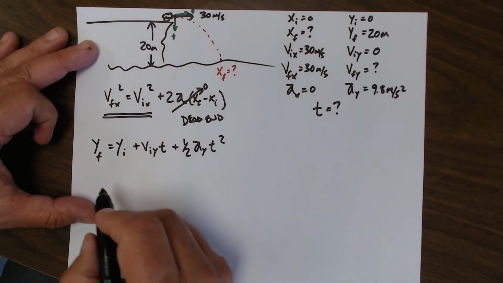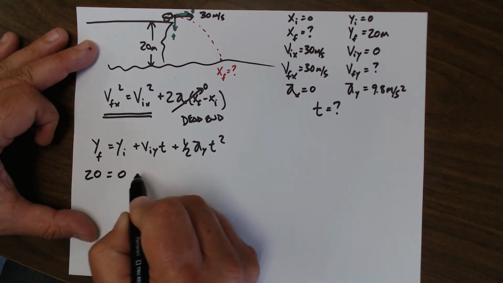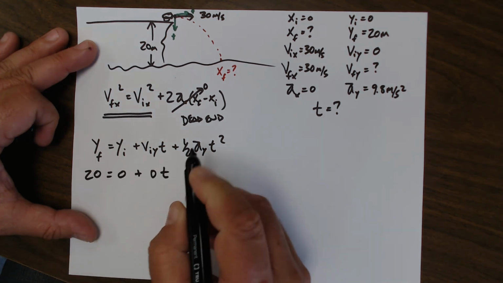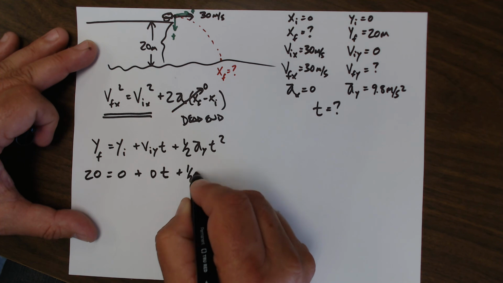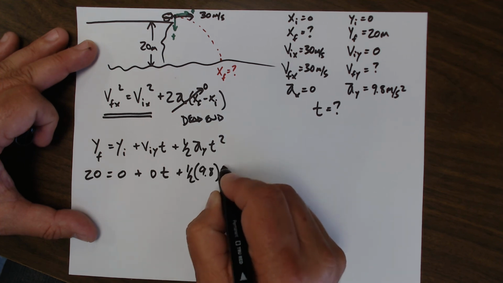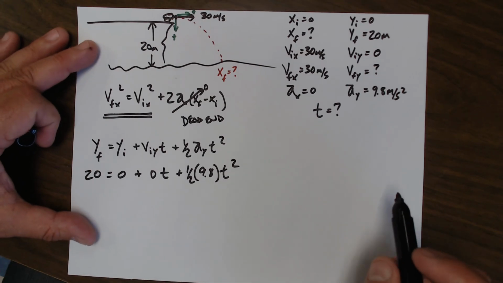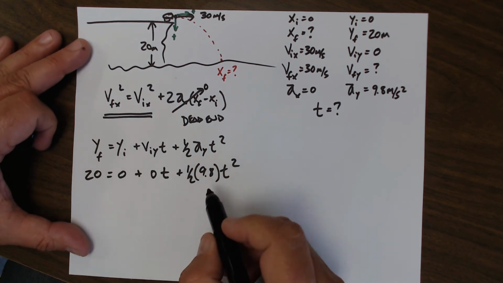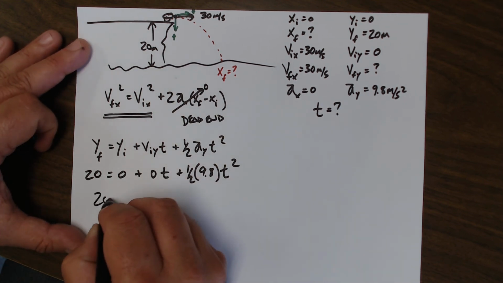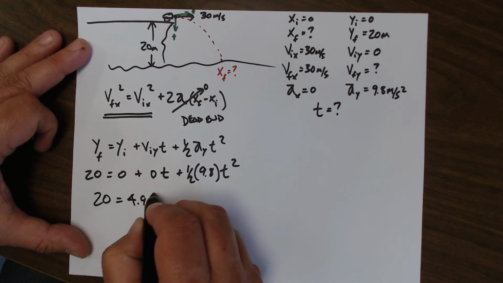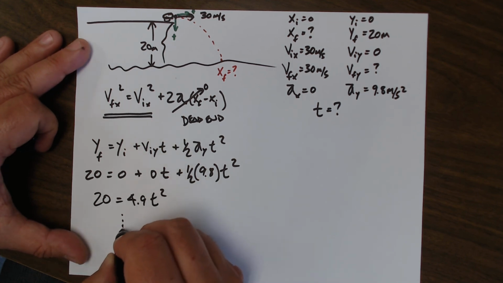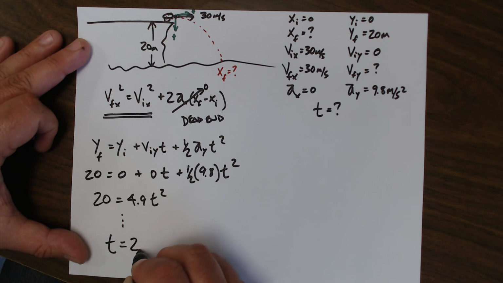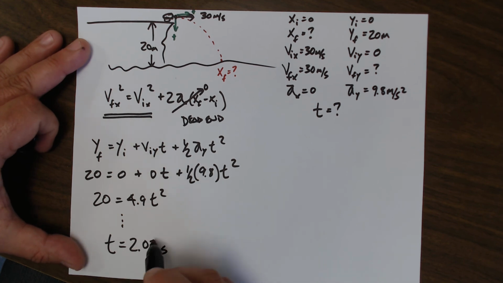And let's put in this information. 20 equals 0 plus 0 times t plus 1/2 of 9.8 times t squared. Oh, that's cool because 0 is 0, and 0 times t is 0, and half of 9.8 is 4.9. So 20 equals 4.9 t squared. And when you do the math, you find out that t is 2.02 seconds.